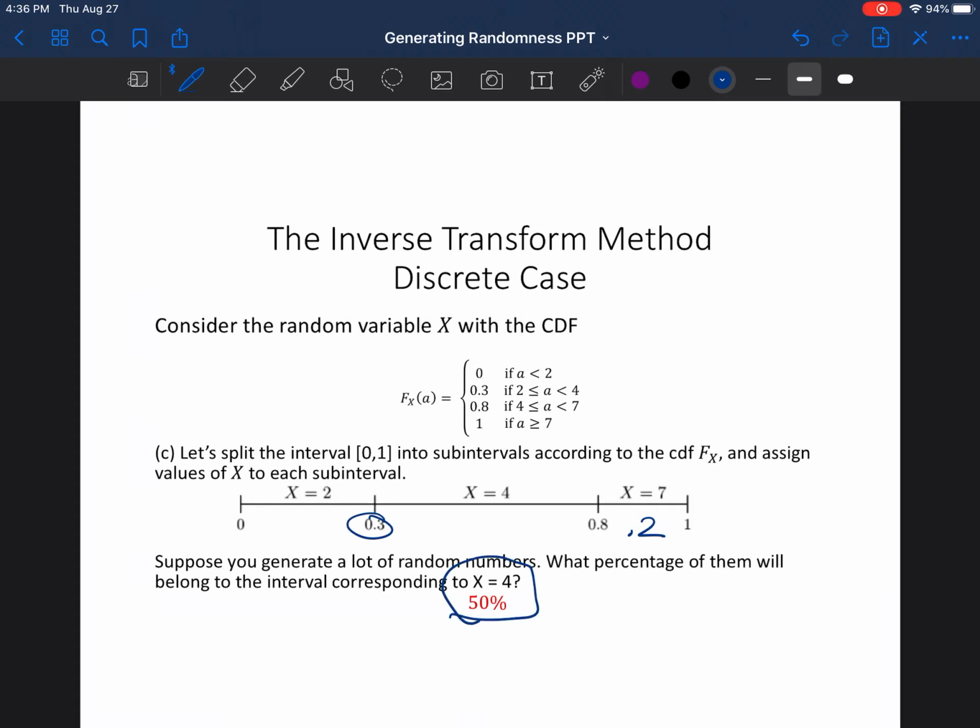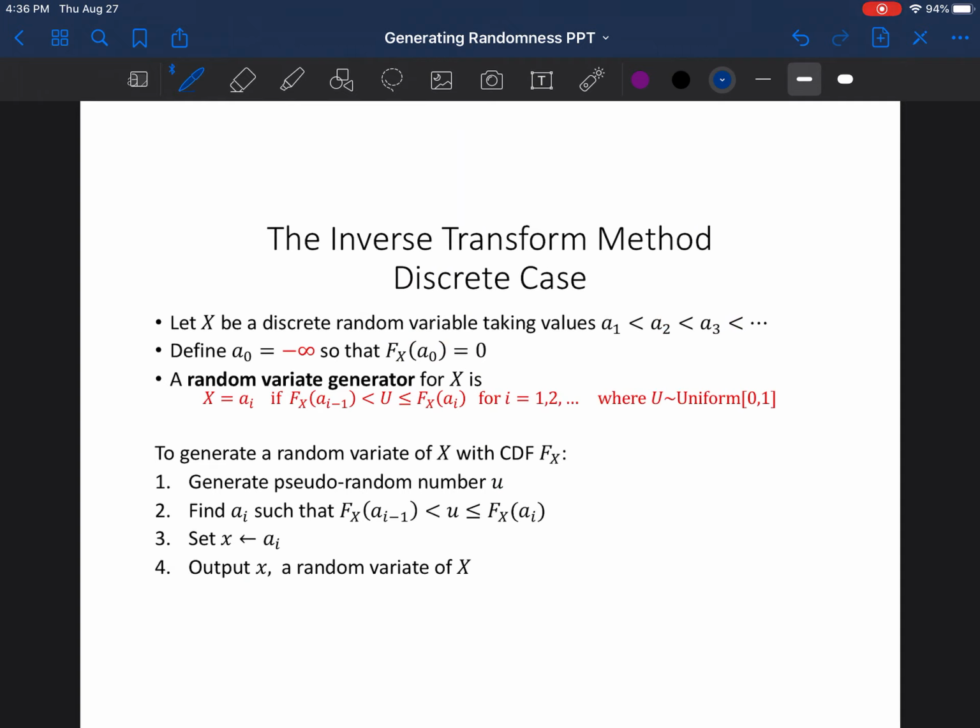So if we can generate a lot of random numbers, the percentage of them that will correspond to the interval corresponding to X equals 4 is just 50% of them. So we're going to split up the interval from 0 to 1 for this discrete random variable, and where the uniform random number lies in there is going to correspond to what number we return for X. We have our random variable with these different values for the discrete case, and we calculate the different probabilities and use this CDF to divide the region from 0 to 1 into regions.